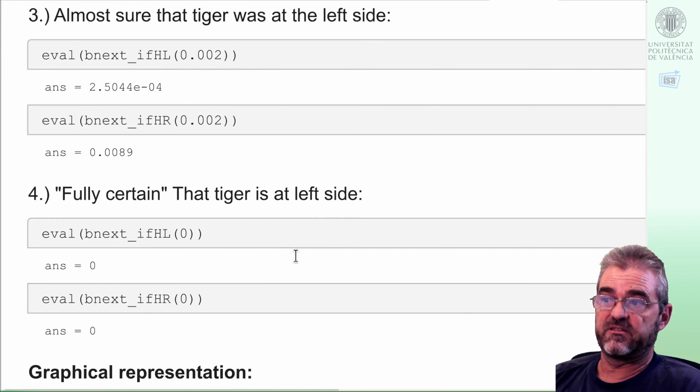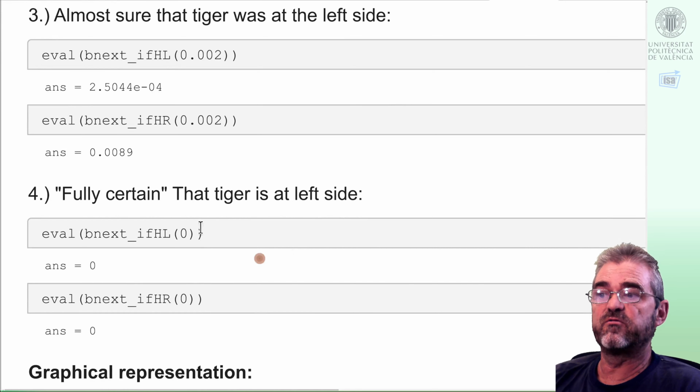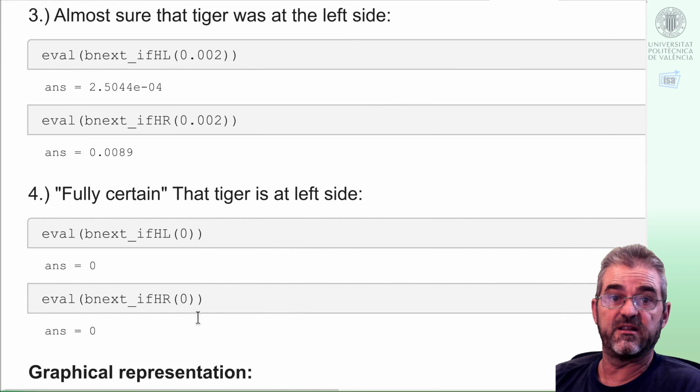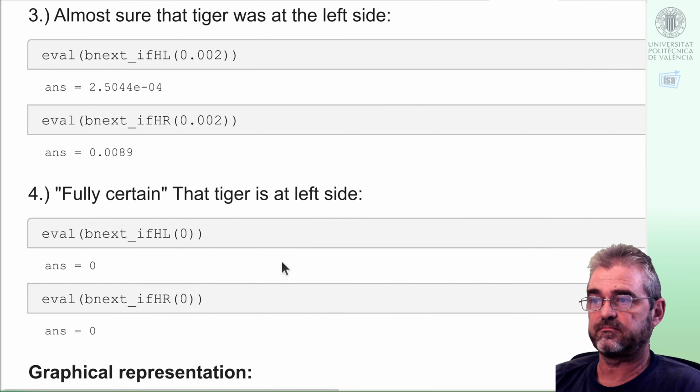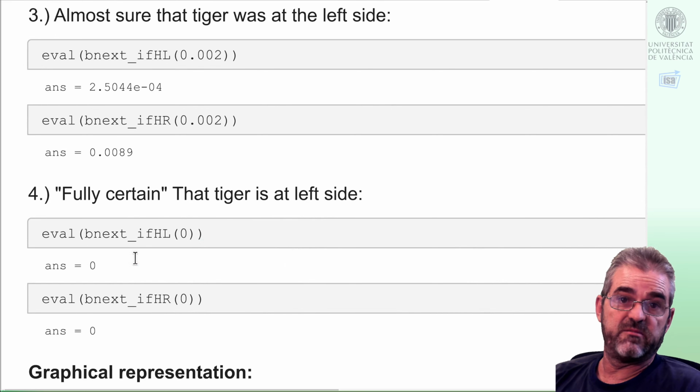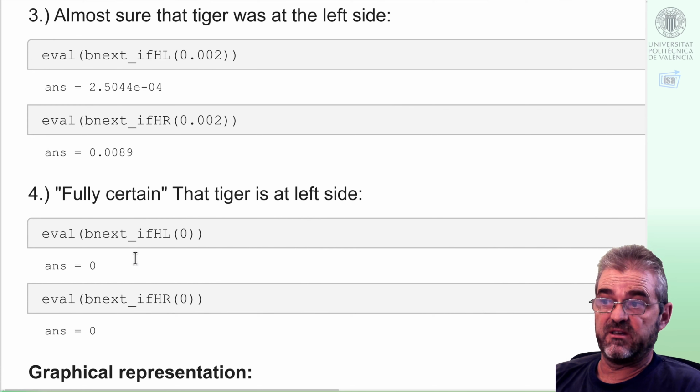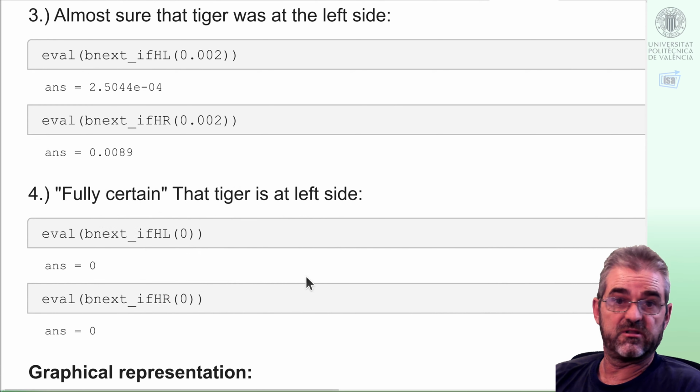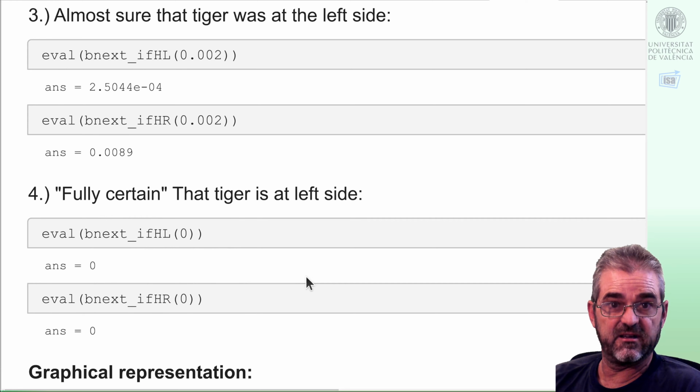And the important thing is that, for instance, if I am fully certain that the tiger is at the left-hand side, then noisy observations will not change my belief. If I am sure the tiger is at the left, whatever I hear, left or right, I will still be sure that the tiger is at the left. Because maybe I have a camera and I watched it.